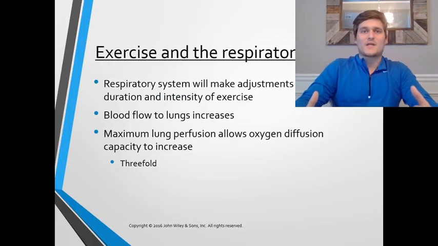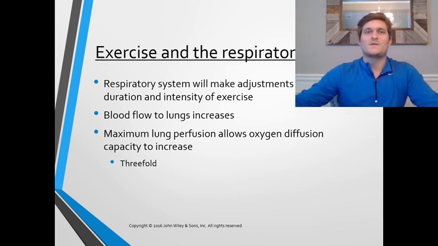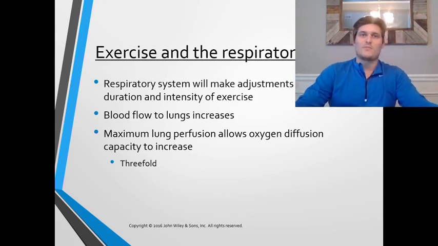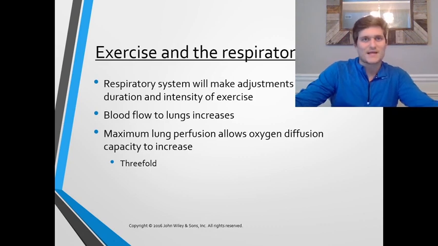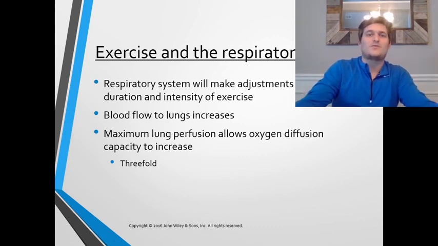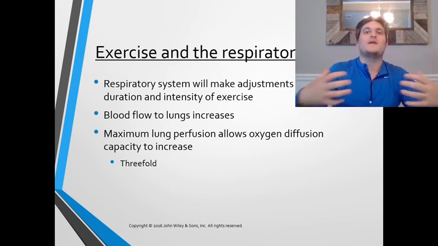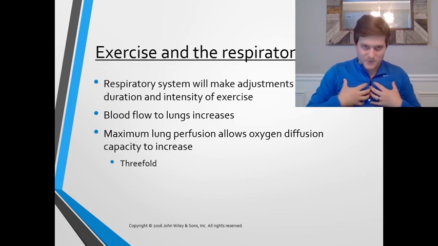When we exercise, we need an increase in metabolism. Our skeletal muscles and cardiac muscles are working harder. So in order to supply the ATP needed for these contractions, we need to increase the amount of air coming into the respiratory system.